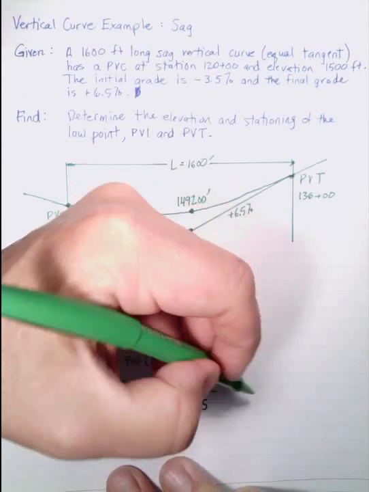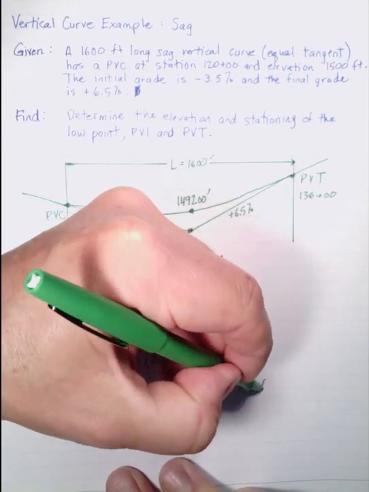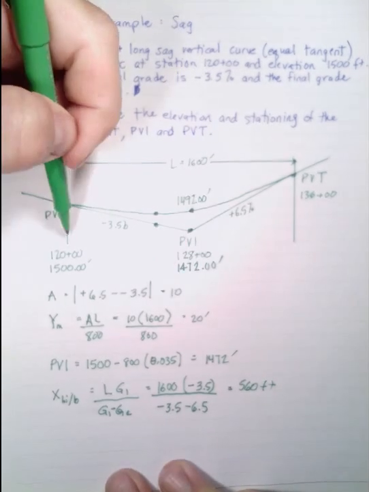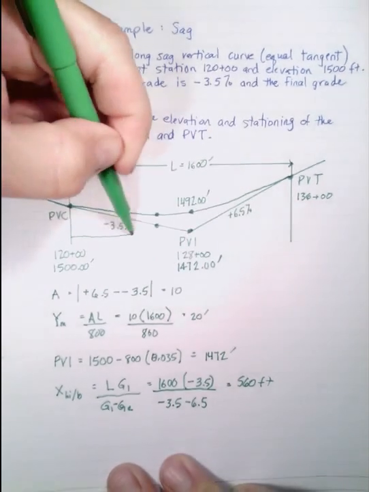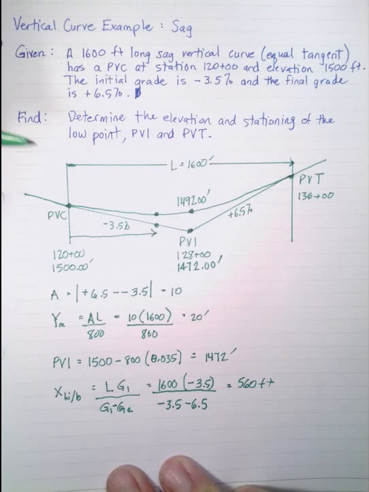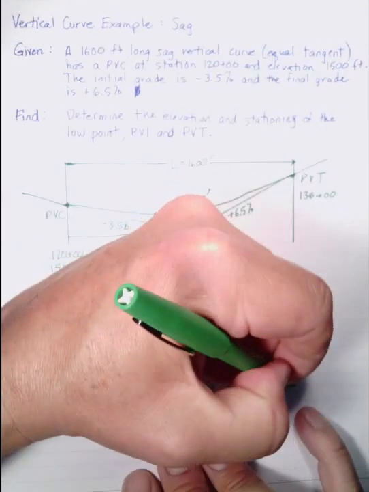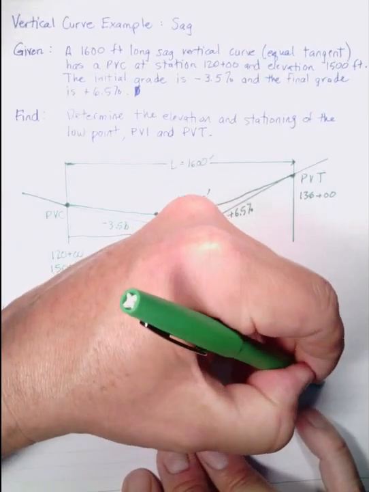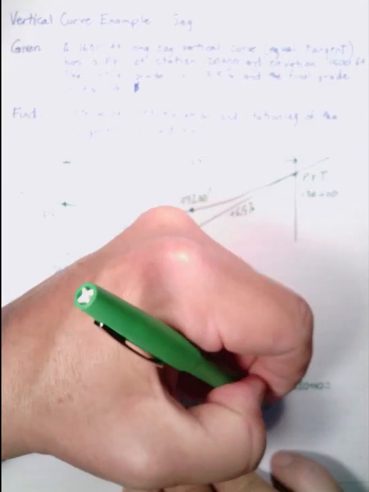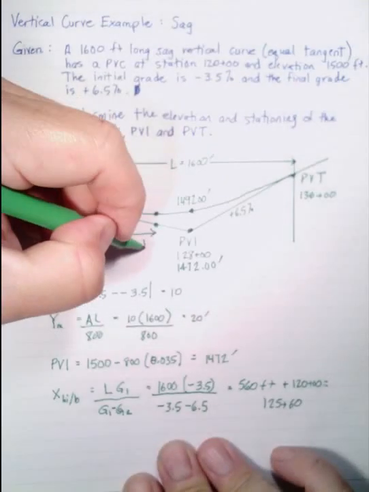So the solution to this is 560 feet. So that means that the low point is going to be 560 feet from the left, from this PVC. So if we add this to the station of the PVC, 120 plus 00, we obtain 125 plus 60 as the station of the low point.